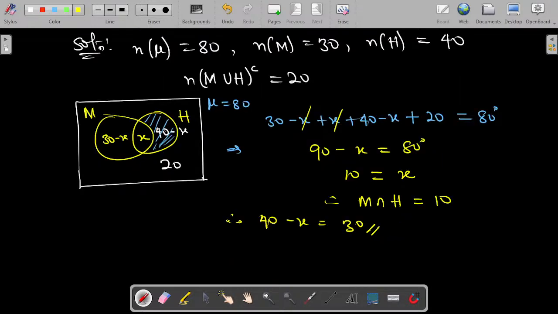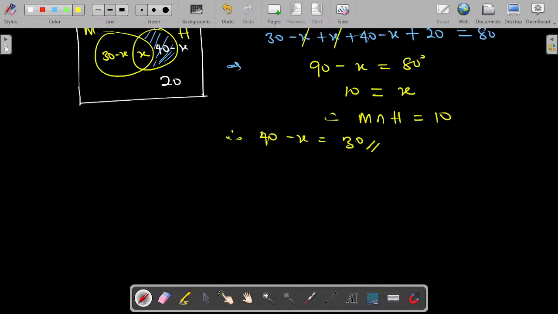But then, in being able to fill up what we are given, note that you can actually write this question in this form. I can use another approach, and what is that? If you take the number of the union of the two sets, it is equal to the sum of the individual sets minus their intersection.